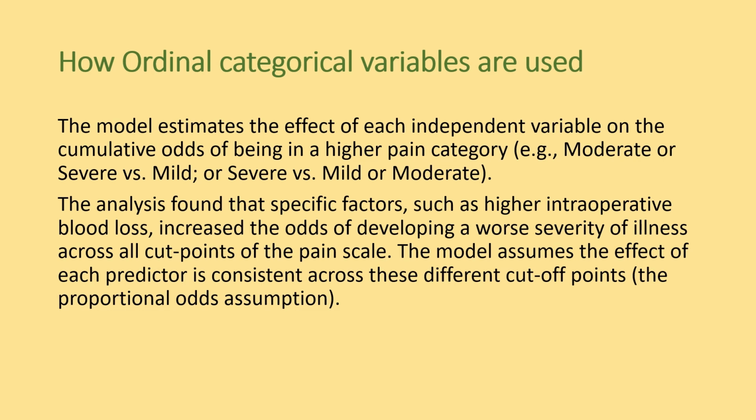The analysis found that specific factors such as higher intraoperative blood loss increase the odds of developing a worse severity of pain across all cut points of the pain scale. The model assumes the effect of each predictor is consistent across these different cut points. This is the proportional odds assumption.